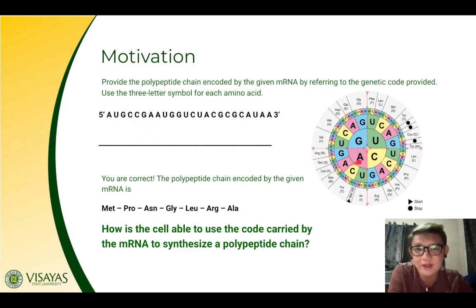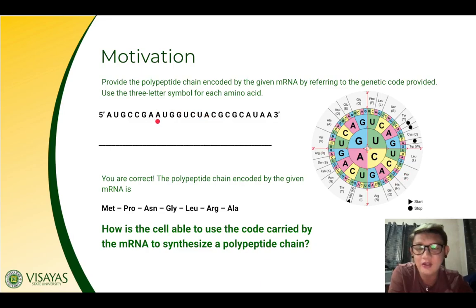So the first base is A, second base is U, and the third base is G, so methionine. The second codon is CCG. So the first base is C, second base is C, the third base is G. And that is proline.